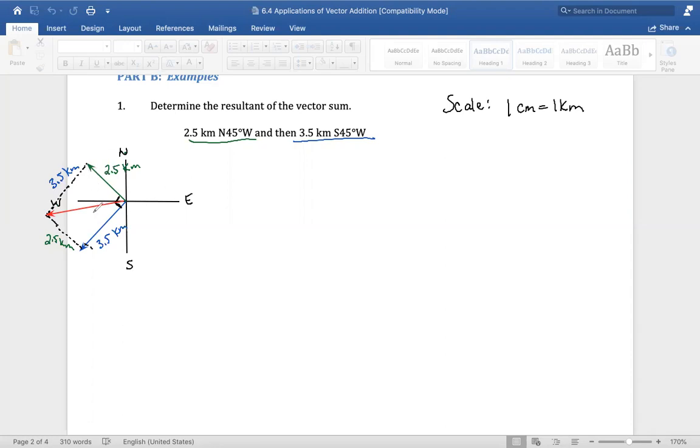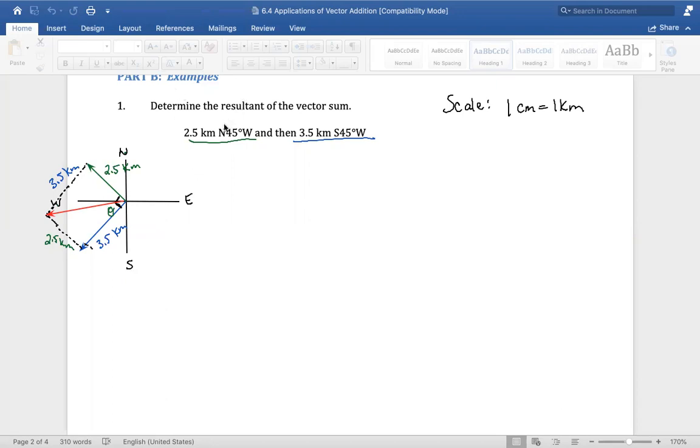I can choose whichever triangle I would like to use. I can choose the top triangle, between the green, the resultant red, and the 3.5, or the bottom triangle, between the resultant red, the blue 3.5, and the green 2.5. In the questions you will usually have a choice of which triangle to use. I'm going to focus on the bottom triangle for this example, and put my theta there.